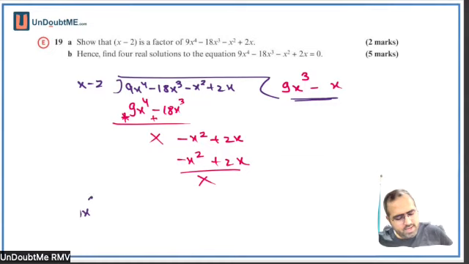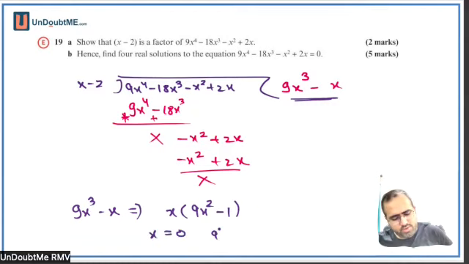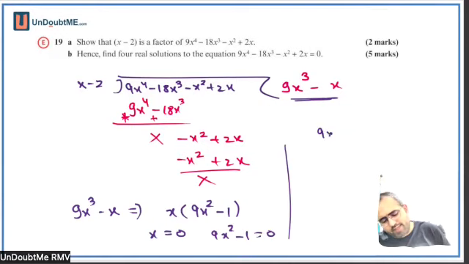So 9x cubed minus x, when I solve, it will be x(9x squared minus 1). x is equal to 0 and 9x squared minus 1 is equal to 0. Now this 9x squared can also be written as (3x) whole squared minus 1 squared, difference of squares.